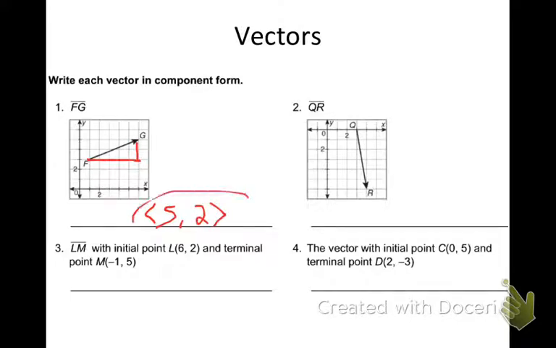So the component form is 5, 2. That's it. Number 6, QR. I'm going to go over how many for QR? 1. And I'm going to go down how many? 6. And because I go down, it's going to be a negative 6. And that is the component form.